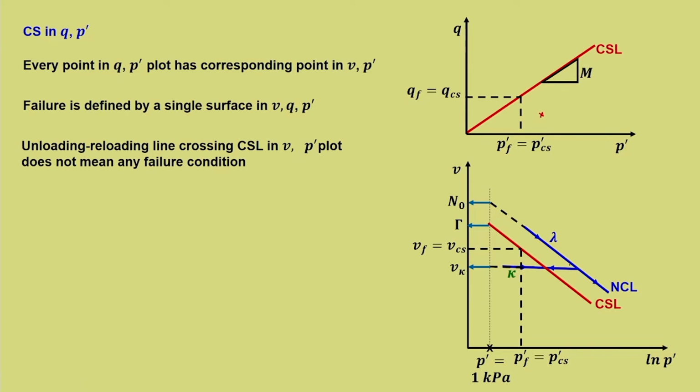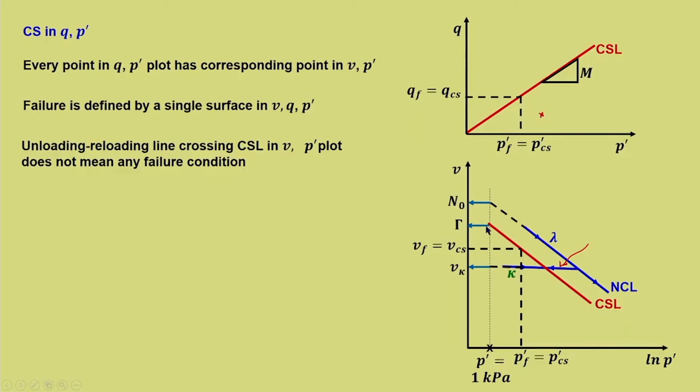I am explaining this because when we discuss this in the normal classroom, we have found that some students always have this doubt. You can see here the critical state line is placed here. Now from here the unloading line goes and crosses the critical state line.